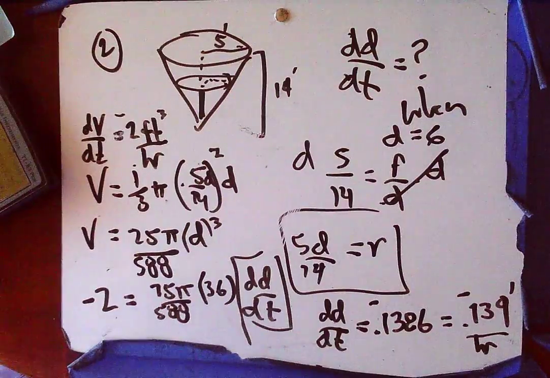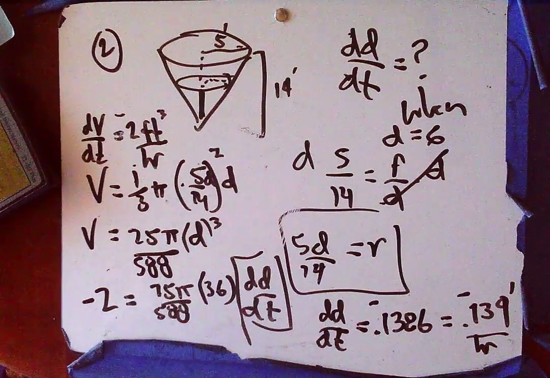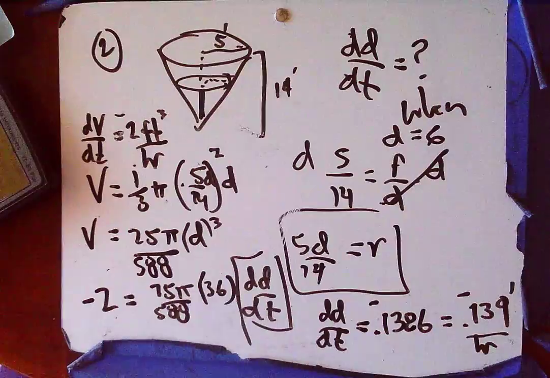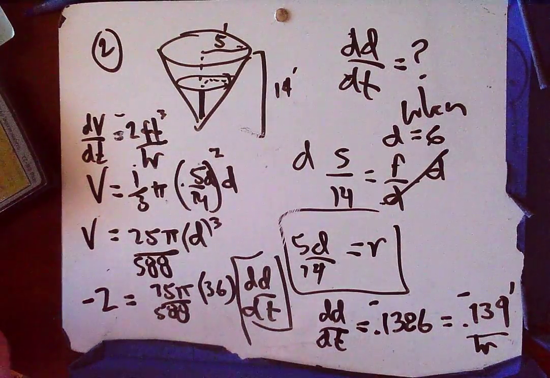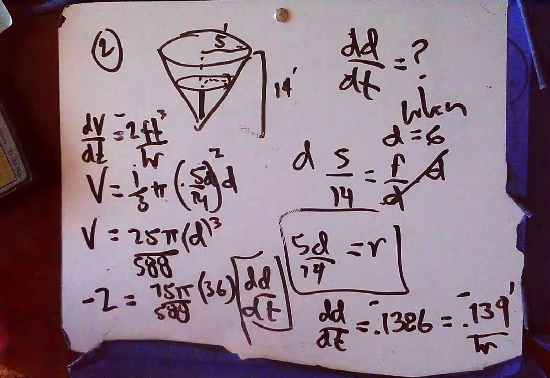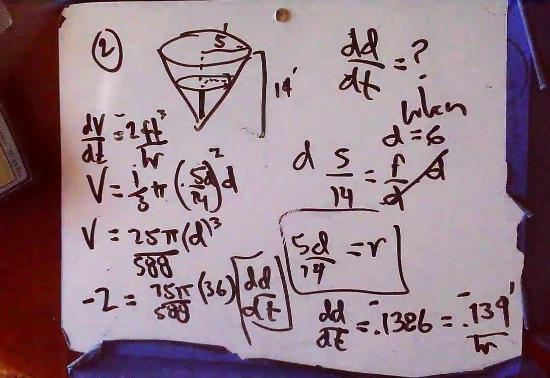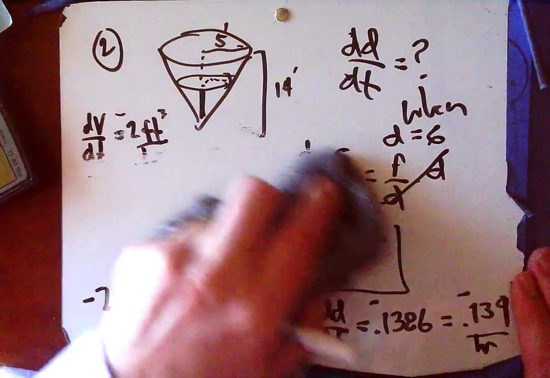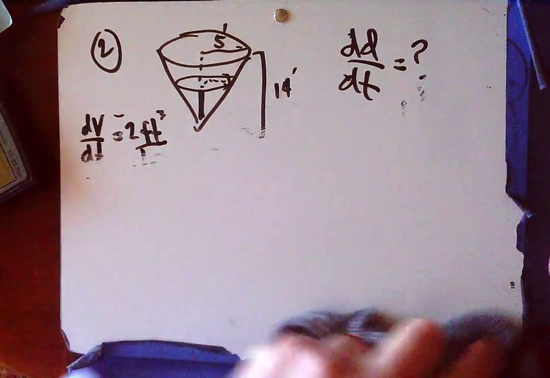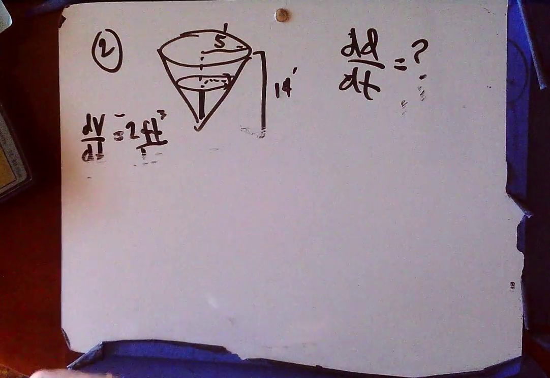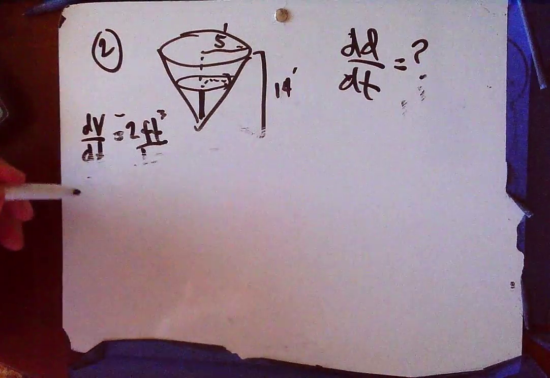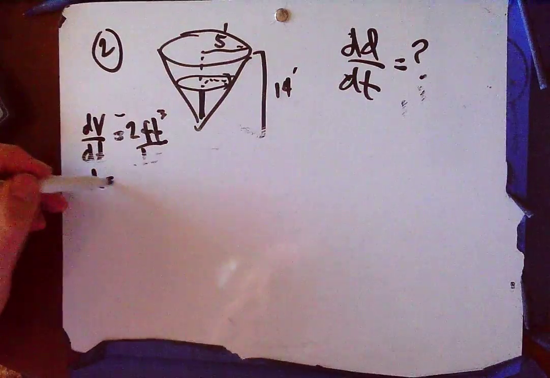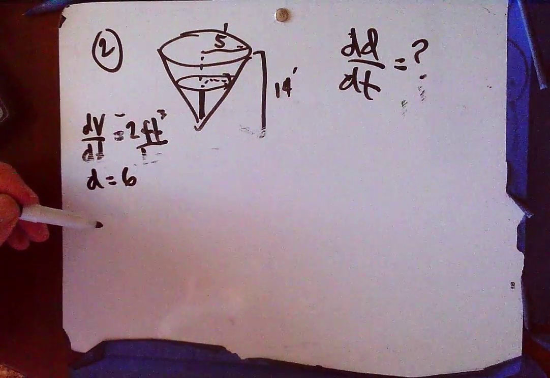Okay, part B. At what rate is the radius of the top of the water in the tank changing when the depth of the water is 6? Well, that's interesting. We need a dr/dt, and I don't have a dr/dt here. But you know what I do have? I do have some things that are handy. First of all, we're looking for when d equals 6.